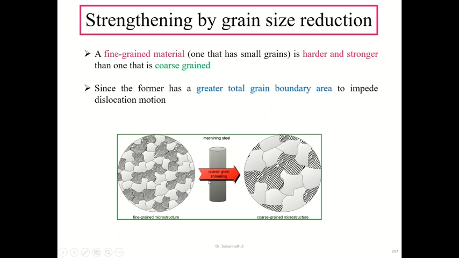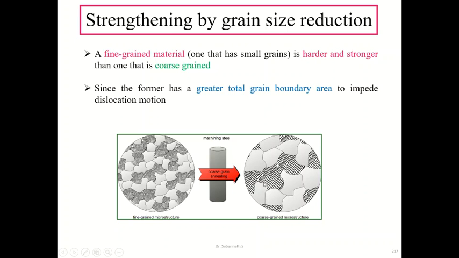So when a fine grain microstructure undergoes coarse grained annealing, we will get a coarse grained microstructure. As you can see in this microscopic image, in the case of a fine grain microstructure there will be grain boundaries after very small distances, so here we will require a large amount of stress for dislocation movement.